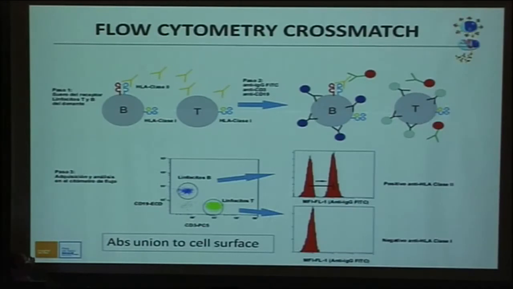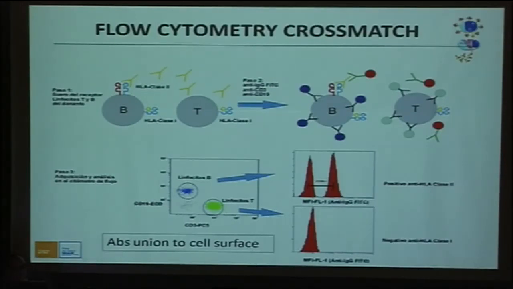So if you have a lot of class 2 antibodies, so anti-DR, anti-DQ, anti-DP, etc., and you only do a classical CDC cross-match, you are losing the reaction of these class 2 antibodies, because the T lymphocytes don't have these class 2 antigens.